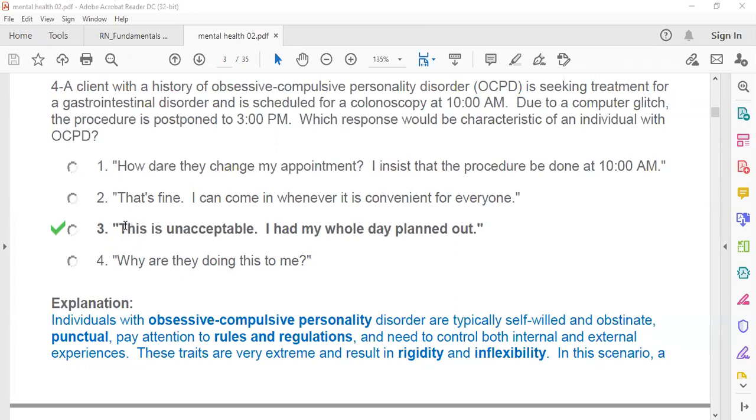So number 3, it is unacceptable, I had my whole day planned out. Because of their obsession, to reduce the anxiety, they do the compulsiveness. So they think, I have so many things to do, I will come again, it destroys my day, all day long.